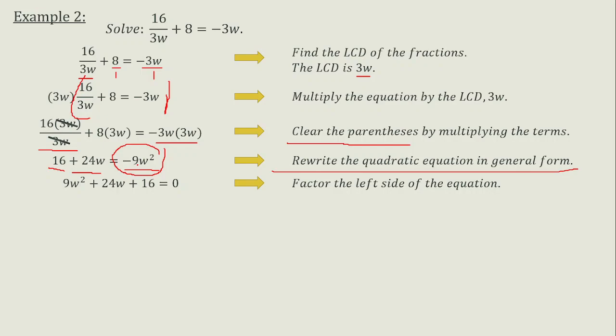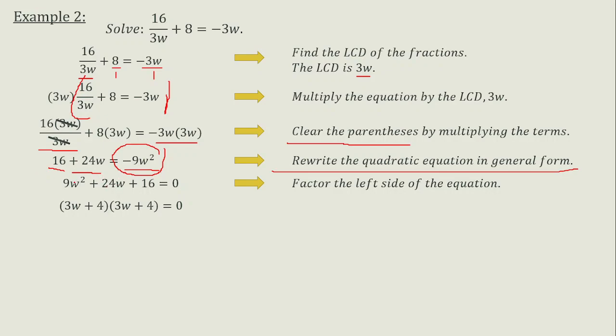After that, we are going to factor the left side of the equation. So dito nyo na agad i-apply yung natutunan nyo kung paano yung pag-factor. So for this case, class, 9w squared plus 24w plus 16 is a perfect square trinomial. So the result will be 3w plus 4 times 3w plus 4.